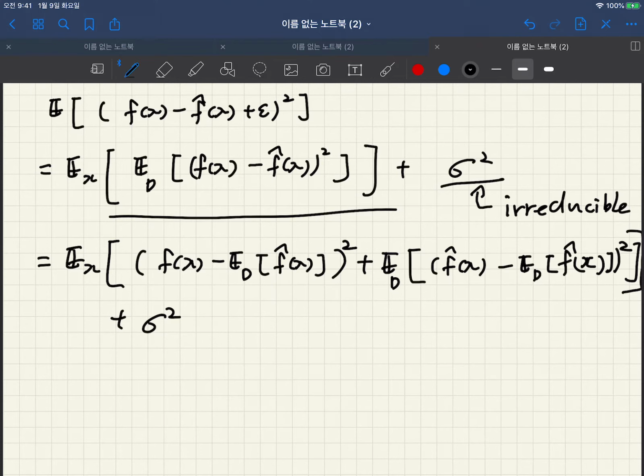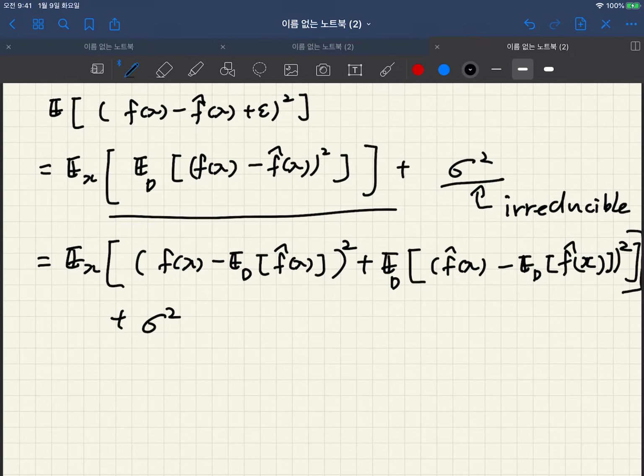We can do that because f(x) is a constant with respect to the training data points. Even if you change the training data points, the f(x) value never changes. So f(x) is just a constant, and f(x) and f hat(x) are independent. From the independence, and because the expectation of f hat(x) minus the expectation of f hat(x) is equal to 0, we can decompose this.